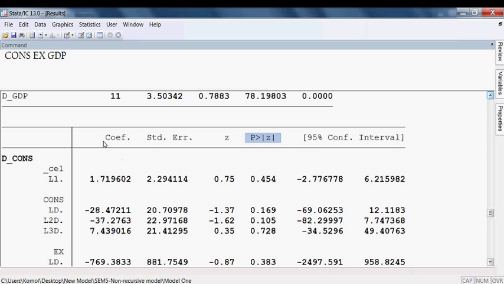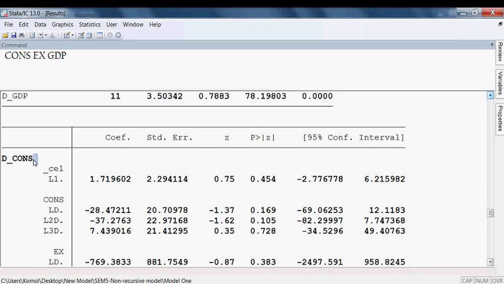Normally the coefficient divided by the standard error gives you the Z statistic all the time, meaning that 1.71 divided by 2.29 gives you 0.75. This divided by this, you get minus 1.37. That will always happen.